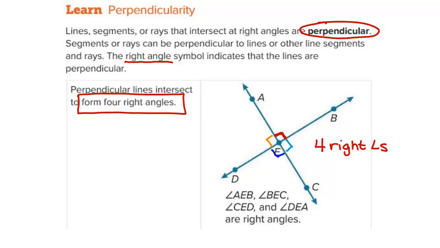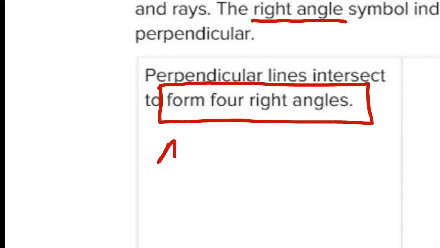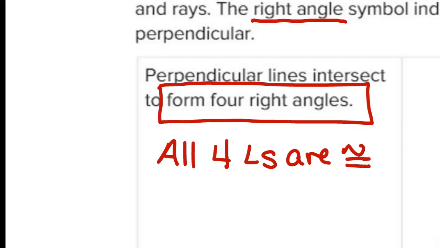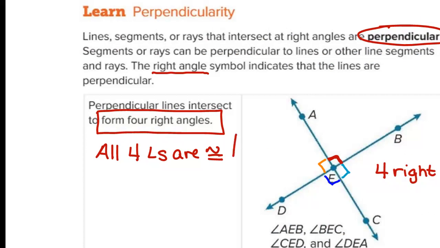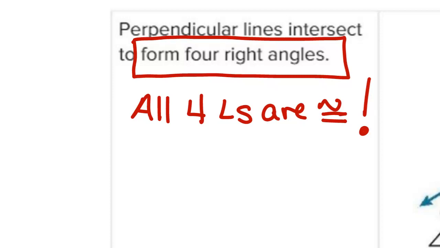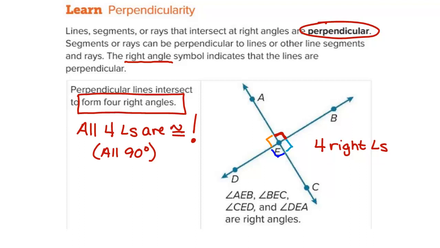Because they are all right angles, all 4 angles are congruent, because they're all 90 degrees. So when we are told that things are perpendicular, I automatically know now that we have 4 right angles in the image.